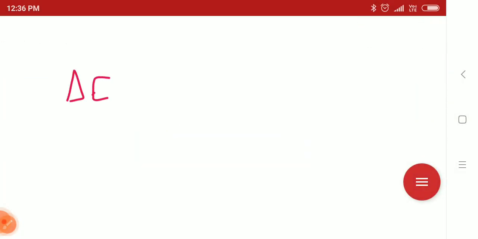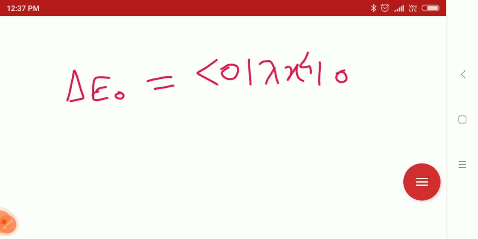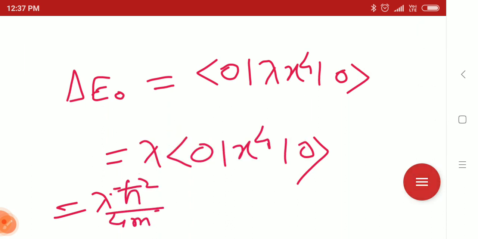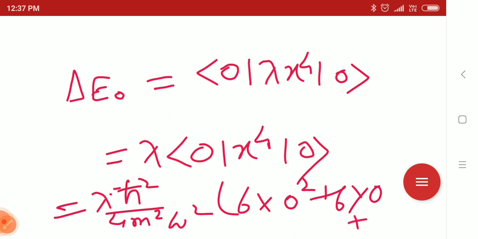Now the energy correction in the ground state means the expectation value of the perturbing potential lambda x to the power 4 in the ground state, <0|lambda x⁴|0>. Using the same formula, lambda h cut square by 4 m square omega square into (6 into 0 square plus 6 into 0 plus 3).